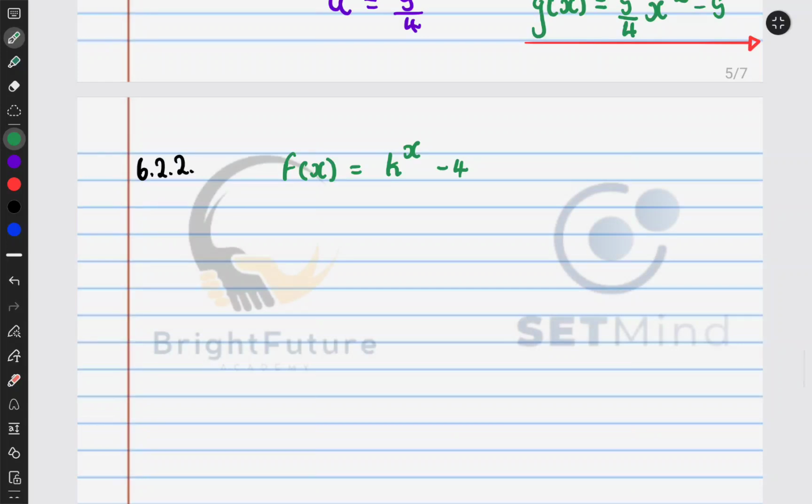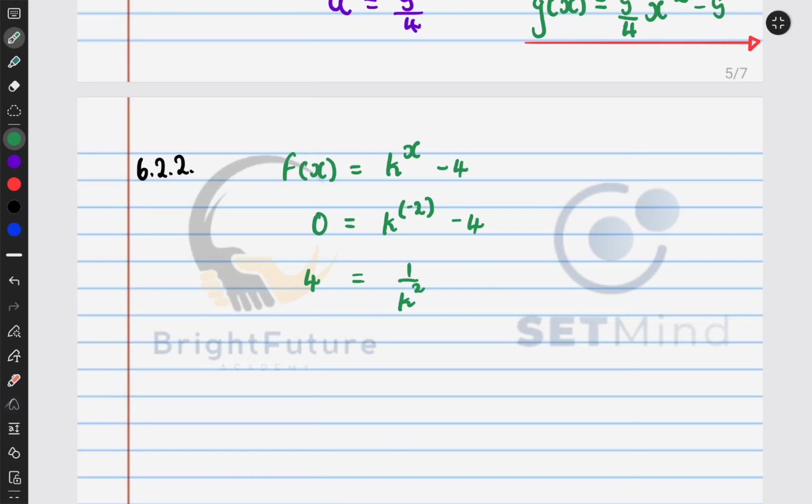So f at -2 is 0, which is equal to k to the power of -2 minus 4. Let's put the 4 on the other side. We're going to have 4 is equal to 1 over k to the power of 2.